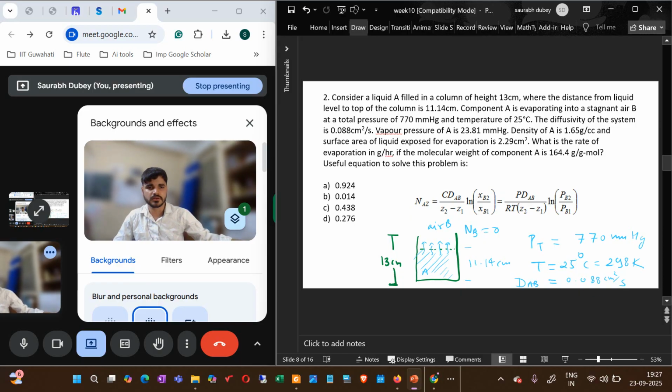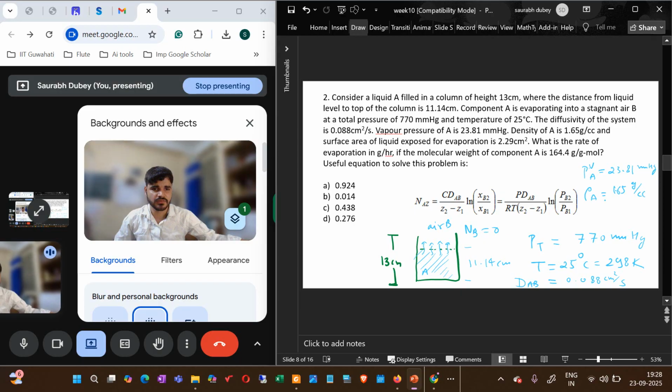Vapor pressure of A is 23.81 mm of Hg. Density of A is 1.65 gram per cc.